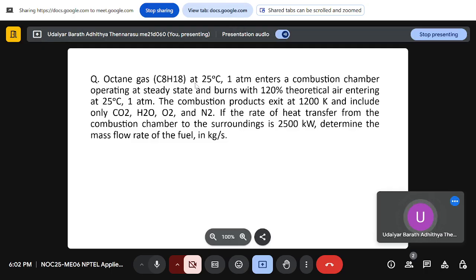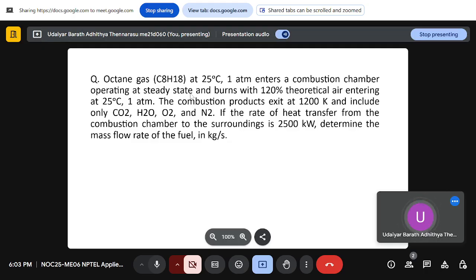So the first question for today is, we have octane gas. The molecular formula is C8H18 at 25 degrees Celsius and 1 atmosphere, which is entering a combustion chamber operating at steady state and burns with 120% theoretical air, which is entering at 25 degrees Celsius. So both your reactant and air are coming in at 25 degrees Celsius.